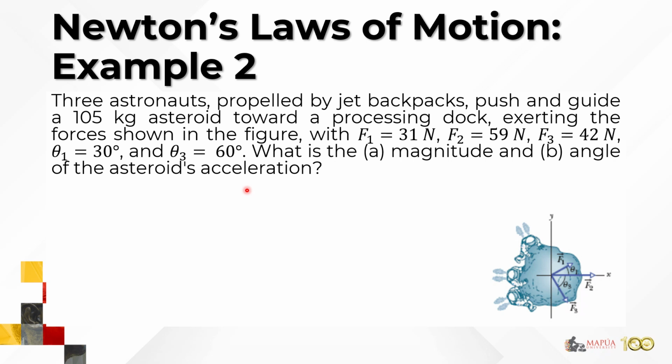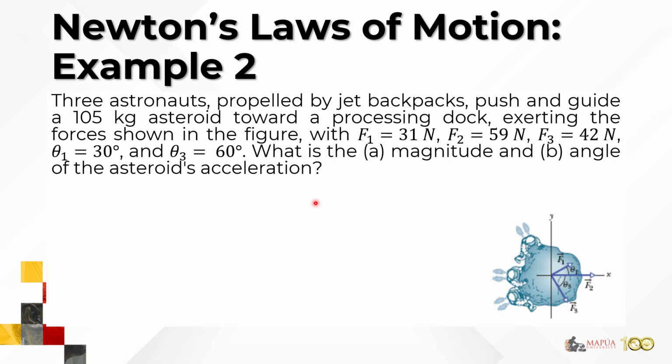However, for the force, we need to get the net force that's being experienced by this asteroid, or the vector sum of all the forces that is being exerted towards this asteroid. Okay, so let's start first again to get the vector sum of all the forces. We have to add each component. So let's start first with the x component.